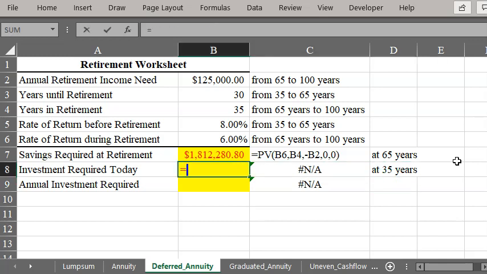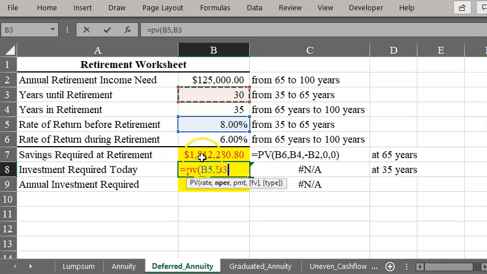So we're going to calculate the present value of this amount. So between 35 and 65, the rate of return is 8%. NPER is 30. Payment, she's not contributing any additional amount, so it is 0.